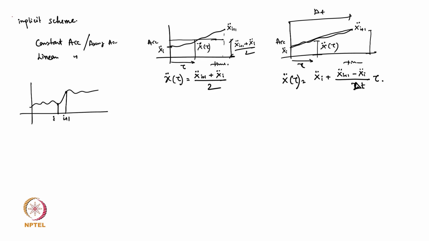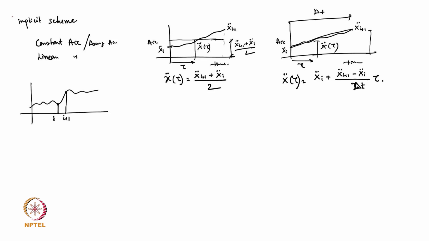Now you are speculating how this acceleration is changing. Is it that in the i plus 1 duration the acceleration is this much throughout, or can I say that the acceleration is increasing linearly?